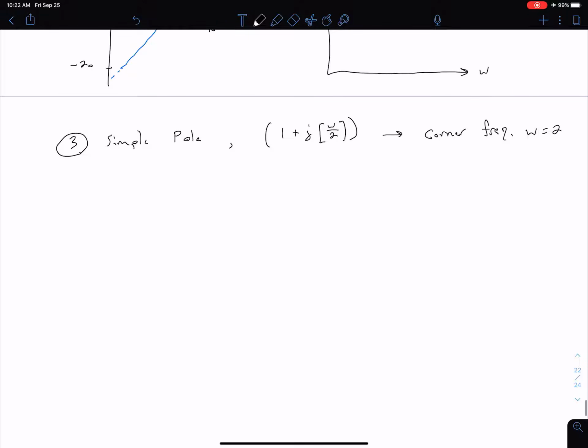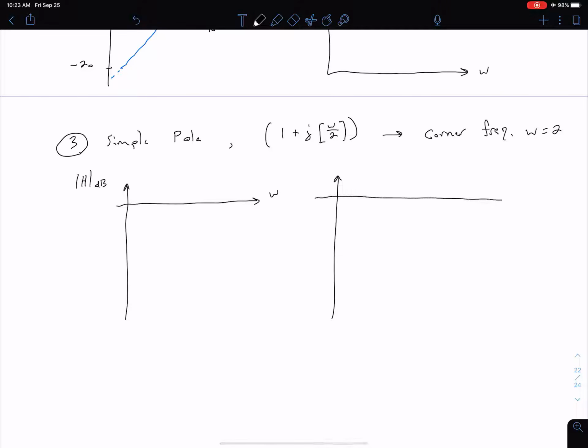So if we then come here, we're going to draw our magnitude and phase plots. So here we have magnitude of h in dB plotted versus frequency, and we're also going to plot our phase versus frequency as well. So our magnitude, remember we said we do this sort of linear approximation, and our corner frequency is sort of the frequency of interest where that's going to change.